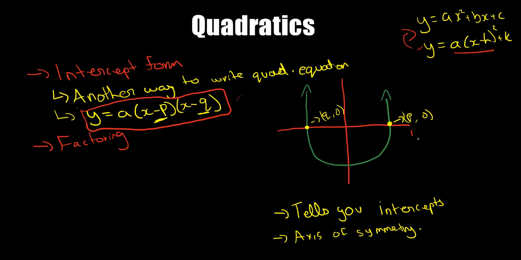But you've got two horizontal movement components, or two x coordinates. So basically that tells you your distance from the y-axis. Each of these, the p and q values, are all just telling you your distance from the y-axis.